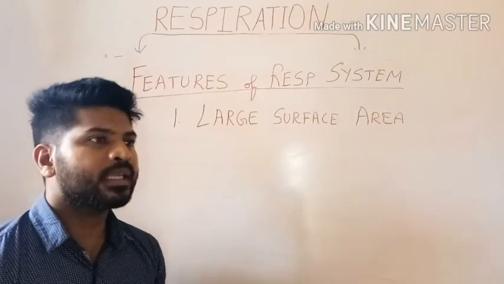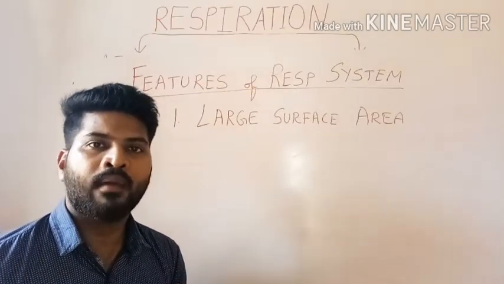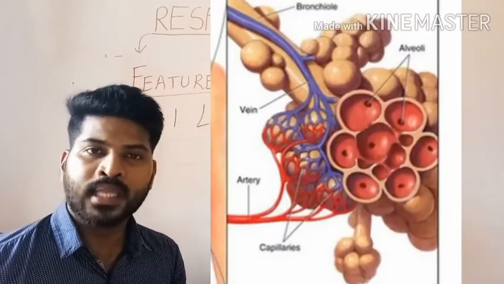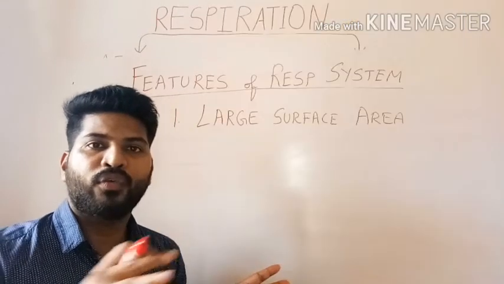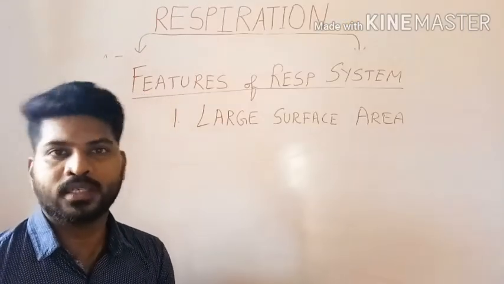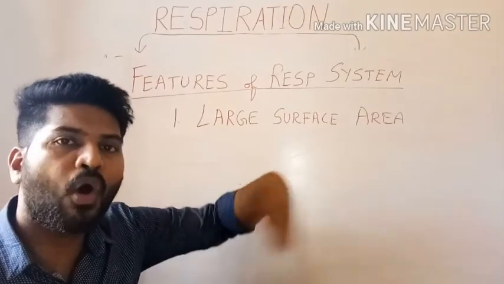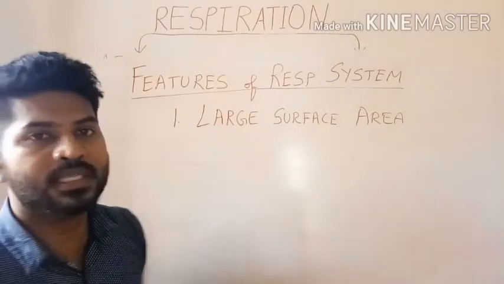For instance, take the case of the human respiratory system. Inside the lungs, we have structures known as alveoli or air sacs. These air sacs produce a large surface area for absorption of oxygen. So this is one common feature of all respiratory organs. They have a large surface area.